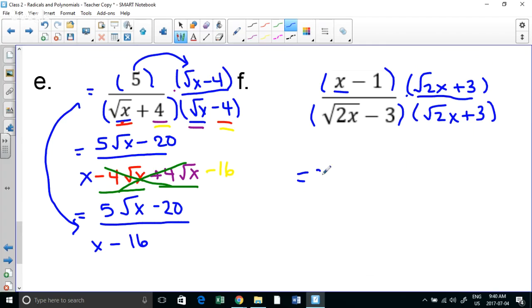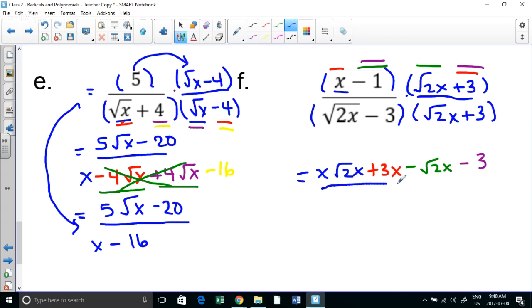x times the root of 2x gives you x root of 2x. Then you have the x times the 3, which gives you 3x. You then have the negative 1 times the root of 2x, which makes minus root of 2x. Finally, you have the negative 1 with the positive 3, which gives you minus 3.